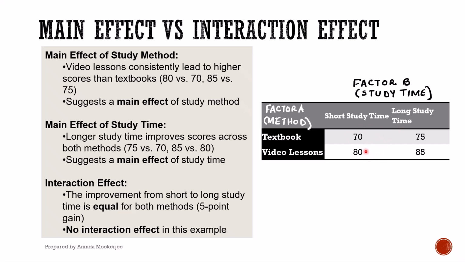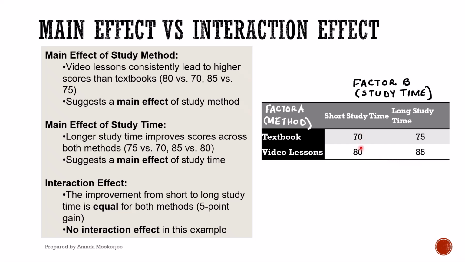So we are going to go over the main effects first. When we are looking at the method, we just compare the difference in scores between the two methods. I'm not going to take the means and then subtract here, although that's one way of doing it. But for this one, I'm going to just look at the difference in the scores for both these methods of study, textbook and video lessons.